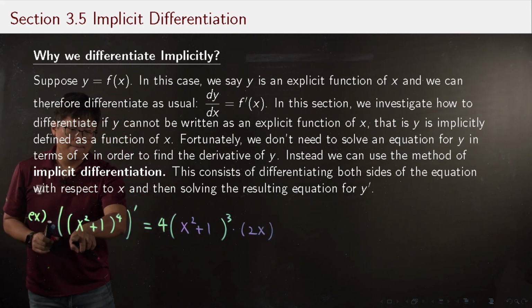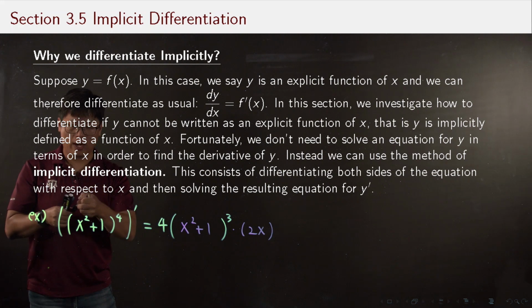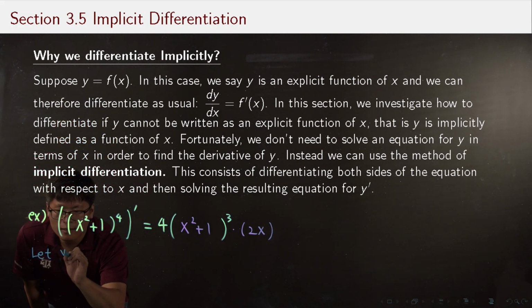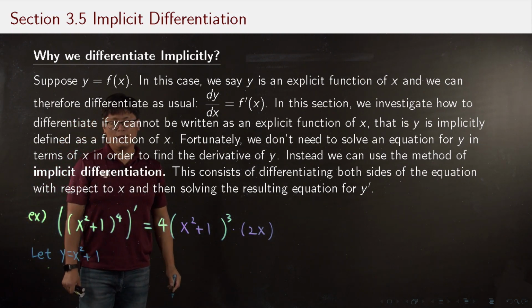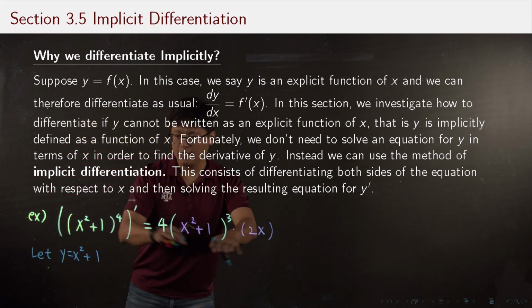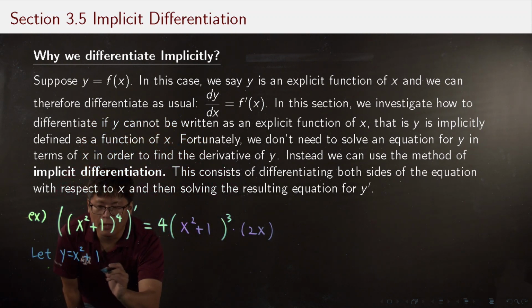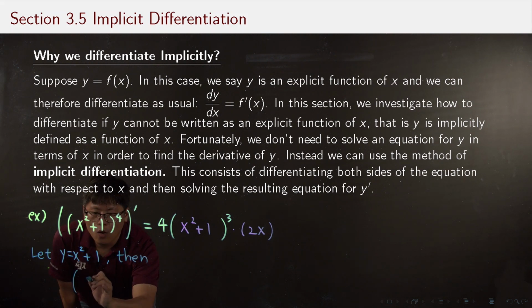But let me try to change the name. If I say my inside function, x squared plus 1, as y, then what happened? Let me just rewrite this with y instead of x squared plus 1. Then this part will be written as y to the 4 prime.